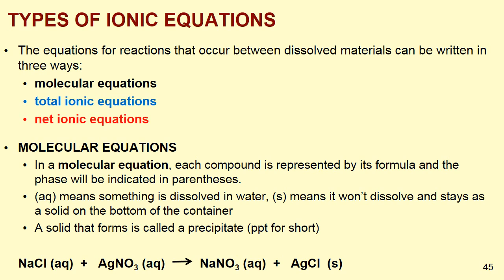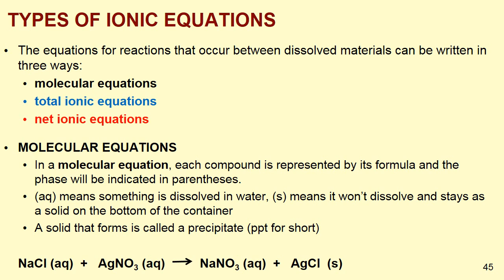In the molecular equation, each compound is represented by its chemical formula, and usually you'll see in parentheses what phase it's in. In the equation on this slide, you'll see NaCl (aq). That means NaCl is dissolved in water. As we've just seen, that literally means the Na ion is separated from the Cl ion.